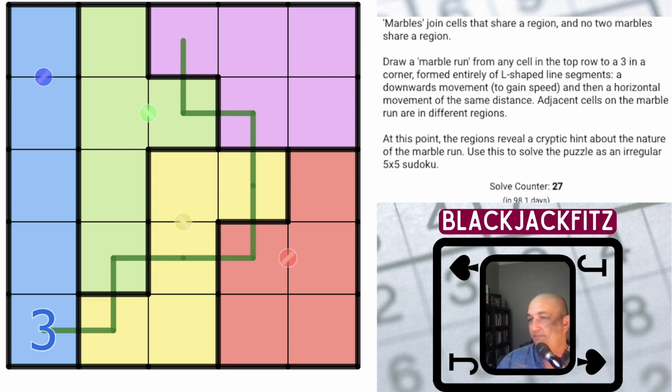Okay, so now at this point, the regions reveal a cryptic hint about the nature of the marble run. Use this to solve the puzzle as an irregular 5x5 Sudoku. Right. So my first thought was, what is that? Y, P, Z, P?